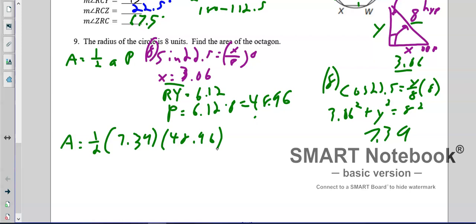Doesn't matter. Hold on, I did something wrong. 48.96 times, I put minus, 7.39 divided by 2. And you get, the area is 180.9 units squared. I got 0.91 if you wanted, but it doesn't really matter. So there you go.